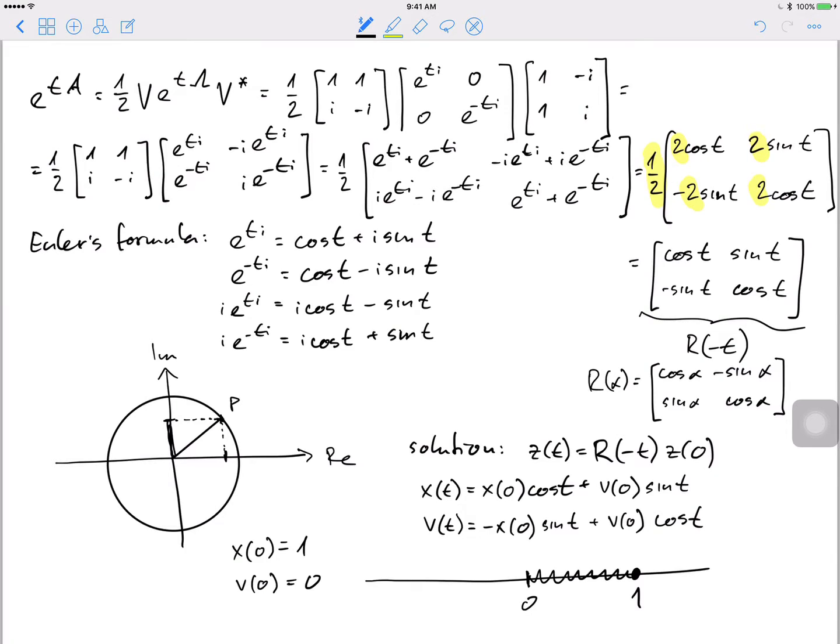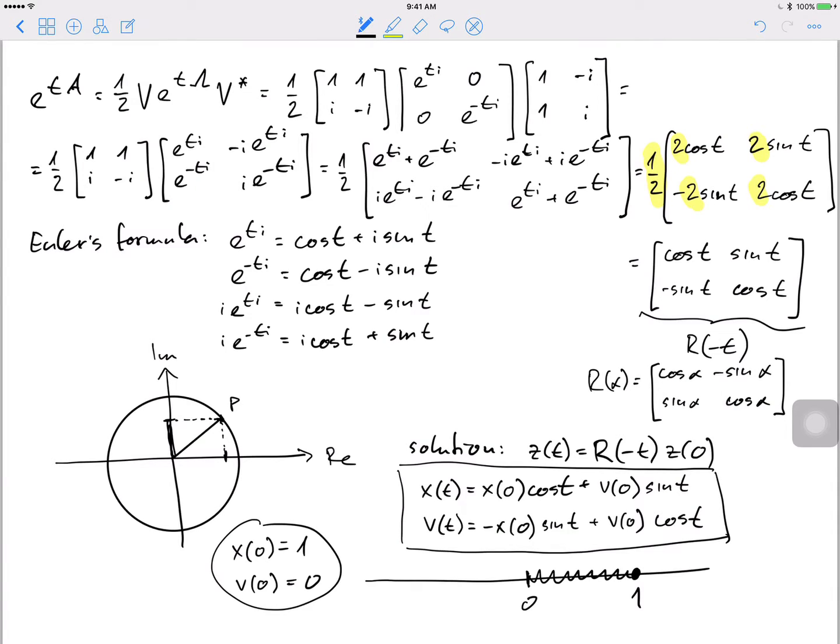These formulas tell me exactly what the motion will look like. All I need to do is plug in, and I get that x of t equals cosine of t, and v of t equals minus sine of t.